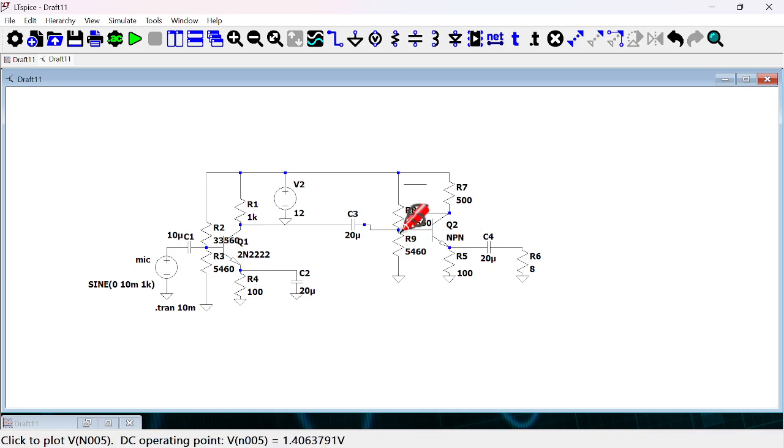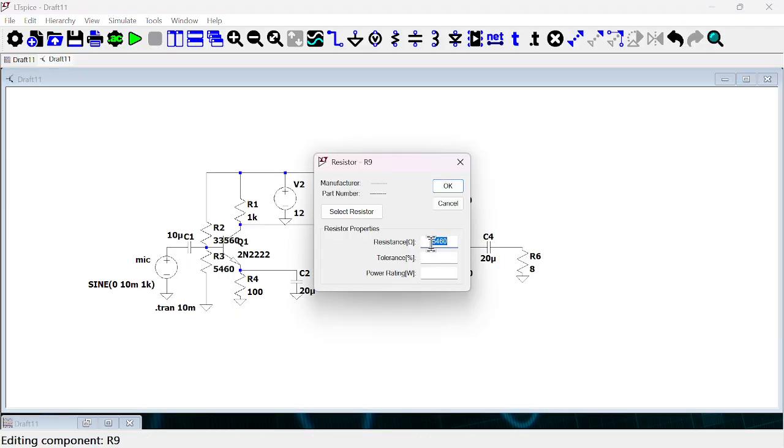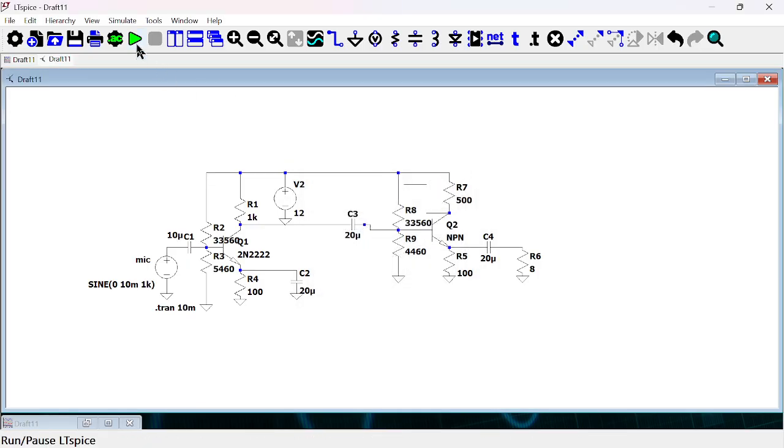Well calculated. So okay, I think the calculation that was done for the biasing was for... the problem is the current, the IC current is probably too high. Let's see.